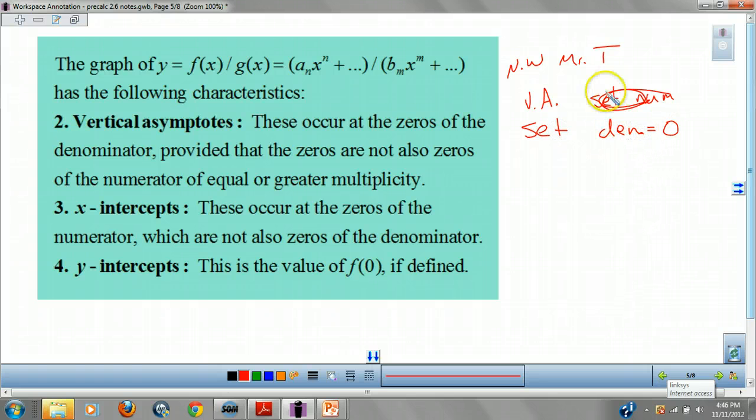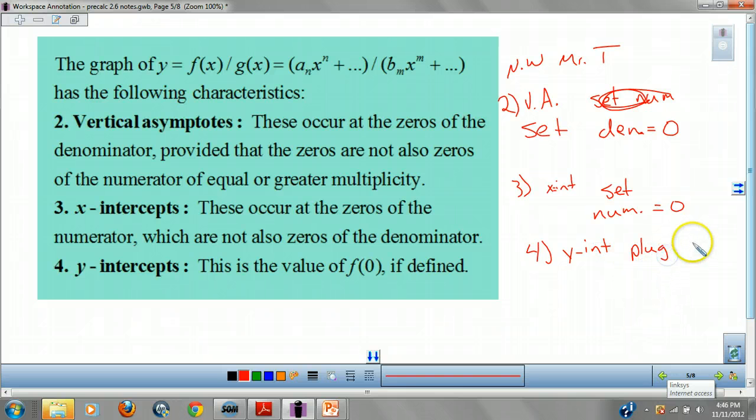You set the bottom equal to 0. X-intercepts, you set your numerator equal to 0. That's the top. You set the top equal to 0. And for Y-intercepts, plug 0 in for x.